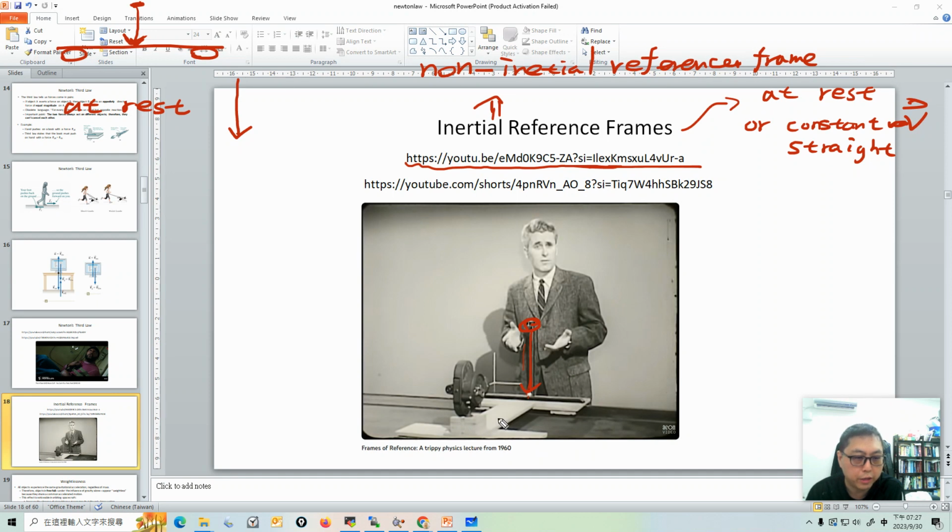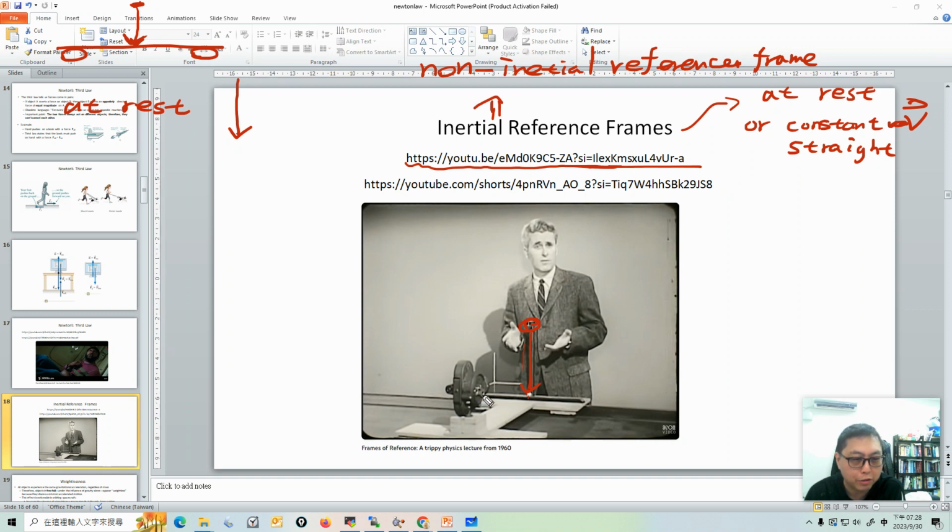Set up the experiment, and then you can move the camera at the same speed as the moving object, and take a picture.